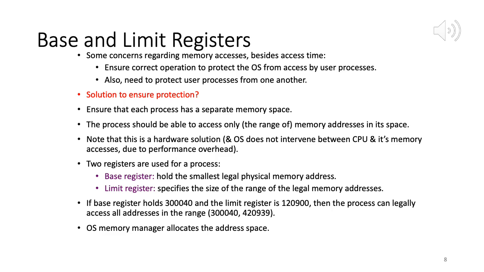To give you an example, if the base register holds 300040 and the limit register is 120900, then the process can legally access all addresses from the base register 300040 and then adding the limit to the base, 420940.